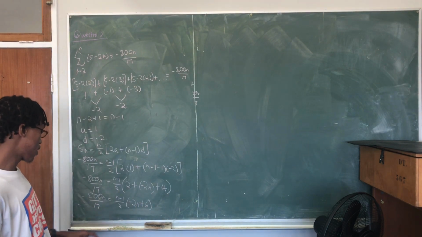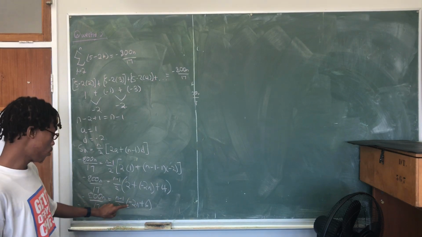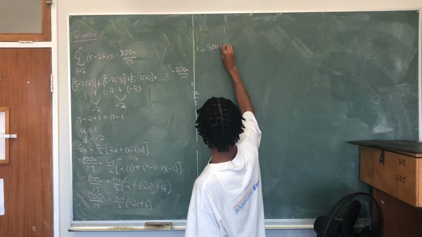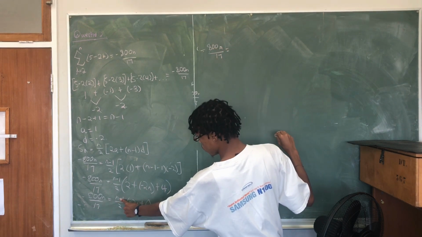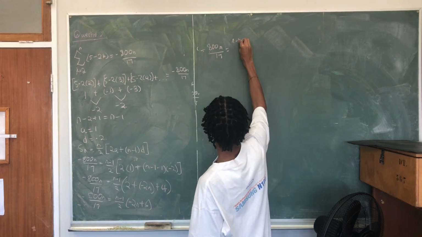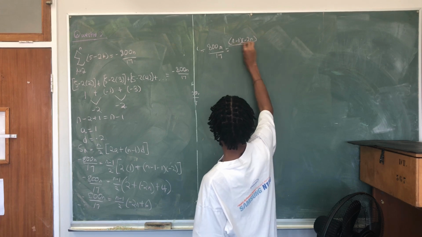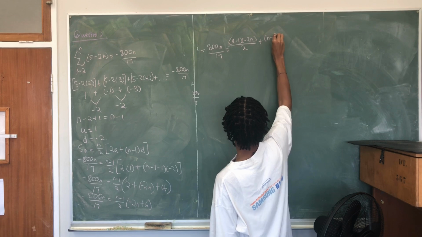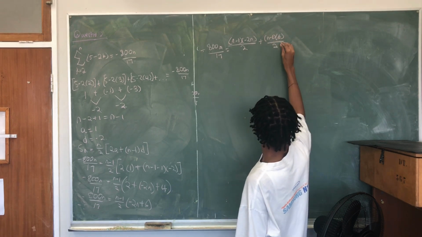Now, the next thing that we're going to do is distribute this n minus 1 over 2 to these brackets. So n minus 1 over 2 multiplied by negative 2n, plus n minus 1 times 6 over 2.